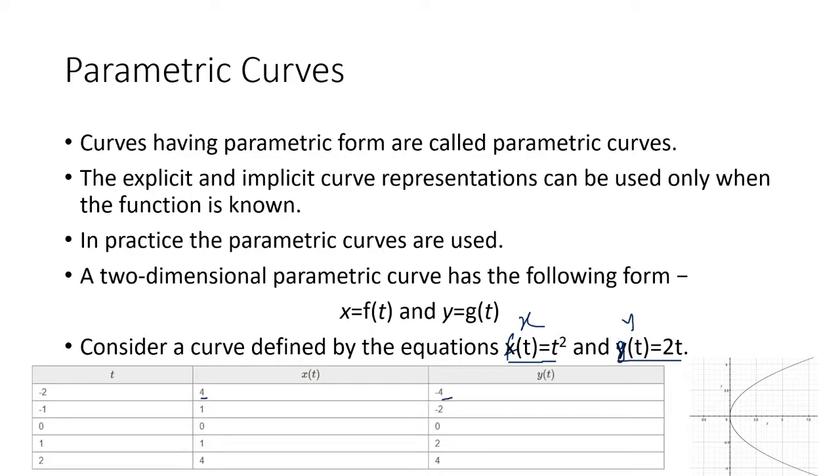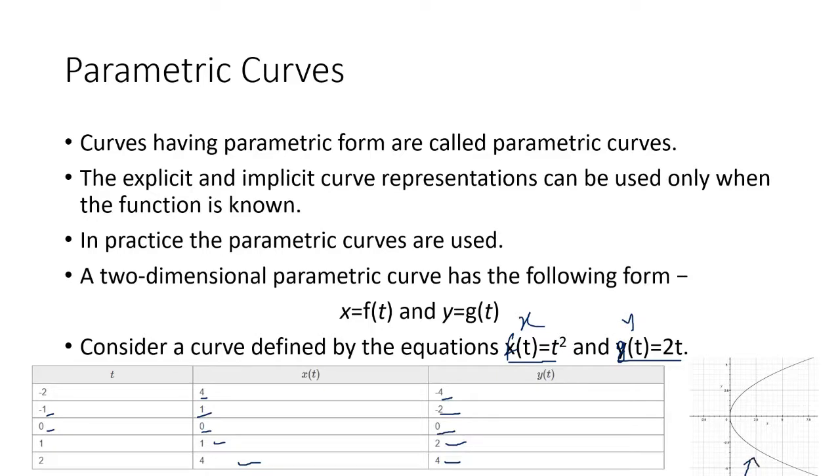Whenever I apply -1, I am getting 1 and -2. Whenever I apply 0 for t, I am getting x as 0, y as 0. Similarly, I am getting 1 and 2, and 4 and 4 for the rest of the points. So based on these values, I can draw this curve, which is going to look like this.